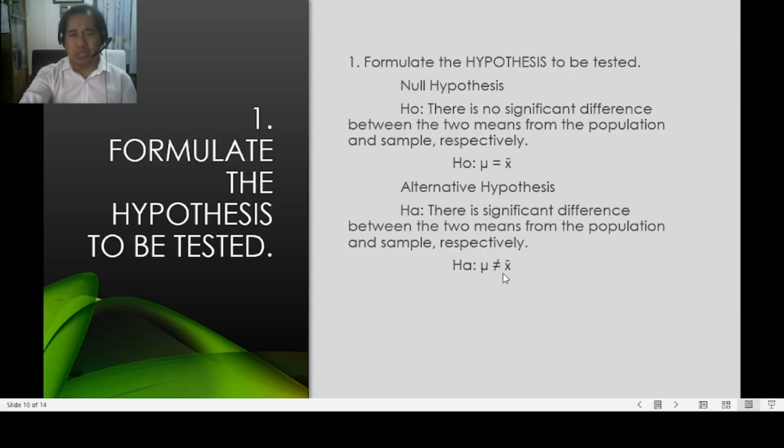So that is the meaning. Meaning to say, for the alternative, the difference is significant. For the null hypothesis, the difference is not significant. Those are the hypotheses that we are going to consider.